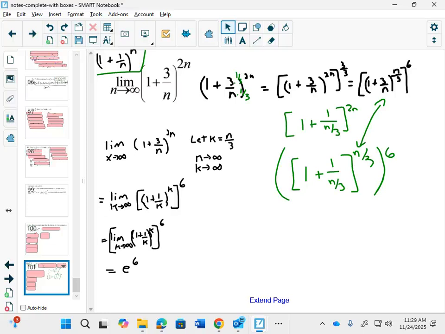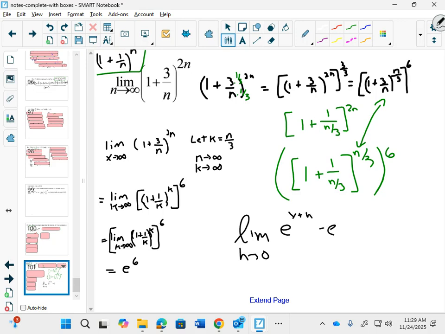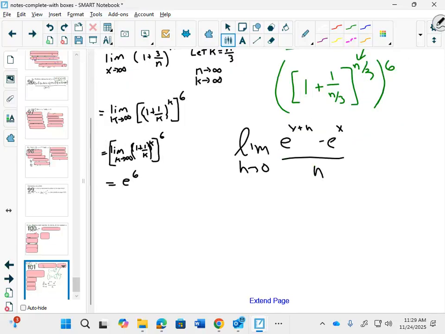Because you would have the limit as h goes to 0 of e to the x plus h minus e to the x over h. You have a problem trying to figure this out early on. Okay? Limit as h goes to 0. This is e to the x times e to the h.